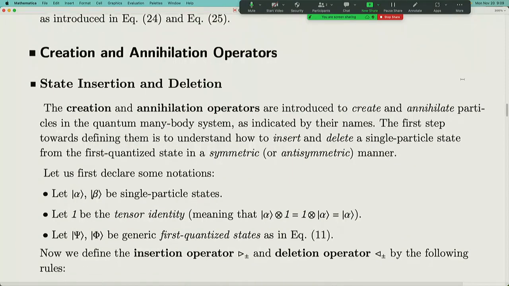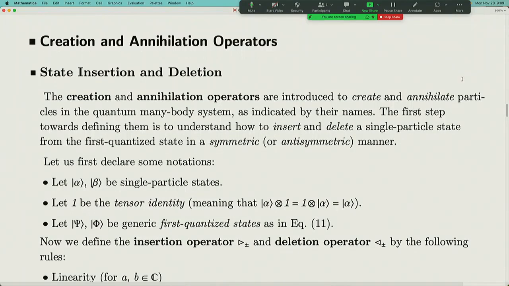The way to modify the particle number is by applying the so-called creation and annihilation operators. The creation operator, according to its name, creates or adds a particle to the system. The annihilation operator removes a particle from the system. So that's what the names indicate.